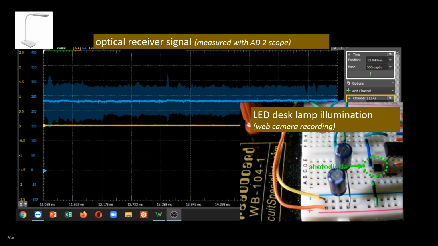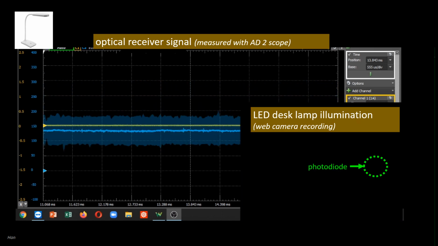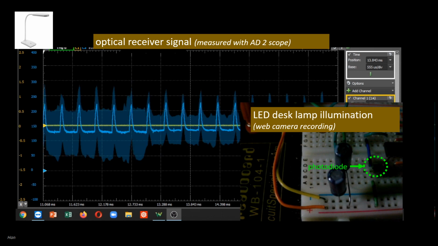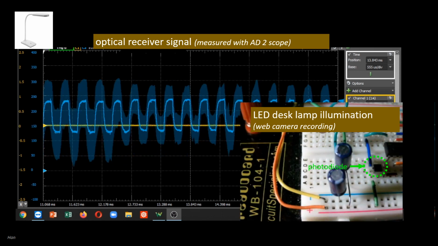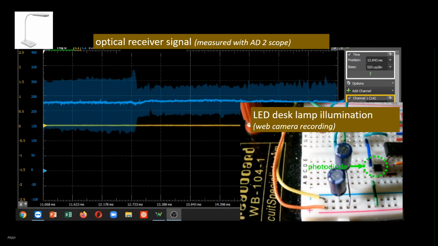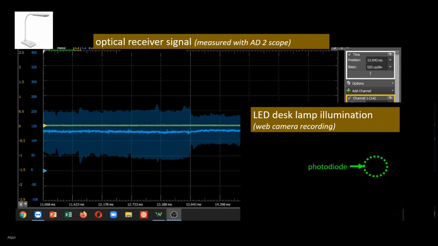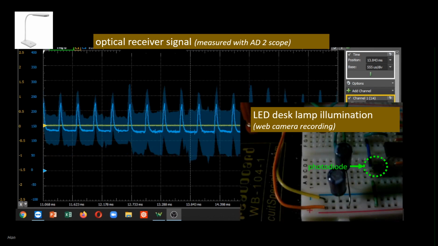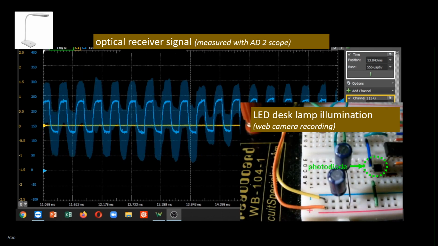Unlike incandescent lighting, which adjusts the light output with the current, LED lighting tends to adjust the output by pulsing the light output at 3 kHz and varying the duty cycle. Low light is 25% duty cycle, medium is 50%, and high is continuous. The camera recording shows the 3 levels of LED desk lamp output, however it is not as accurate as the optical receiver because of its built-in auto gain control.